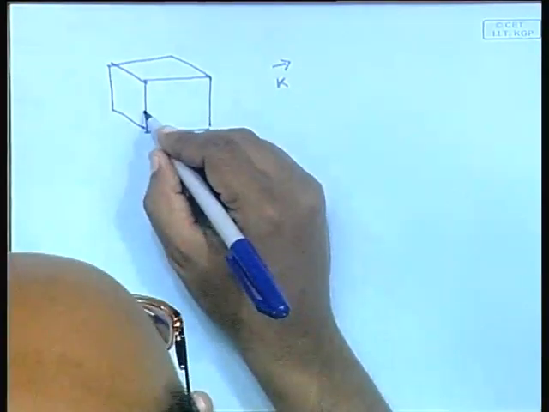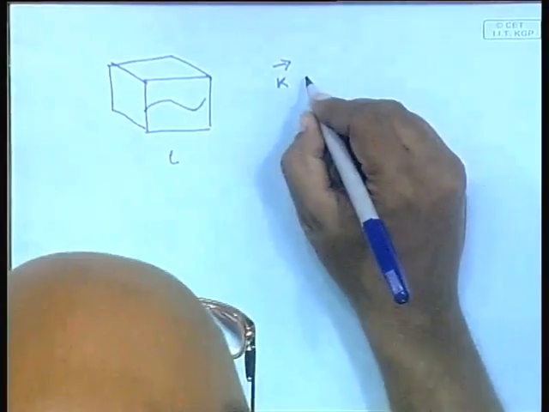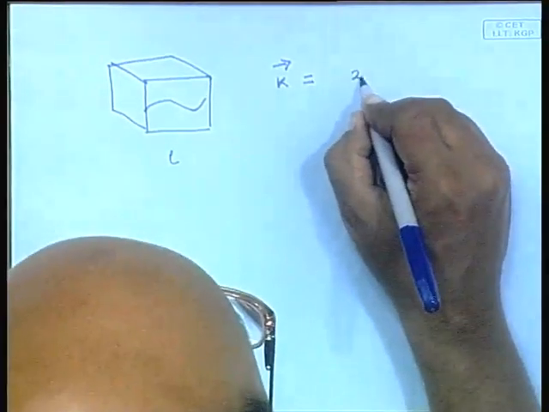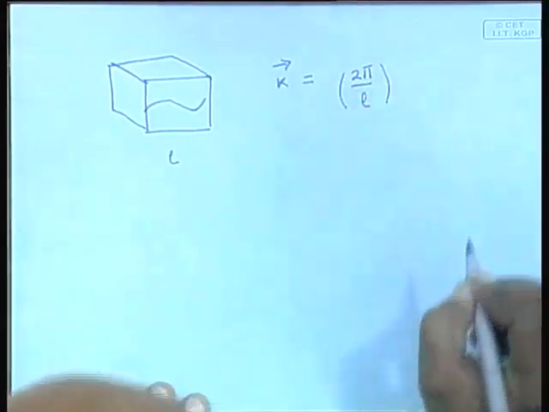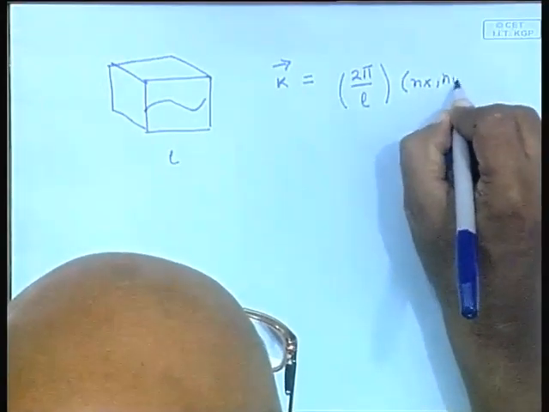The modes will be k equal to 2 pi by L into nx, ny and nz.